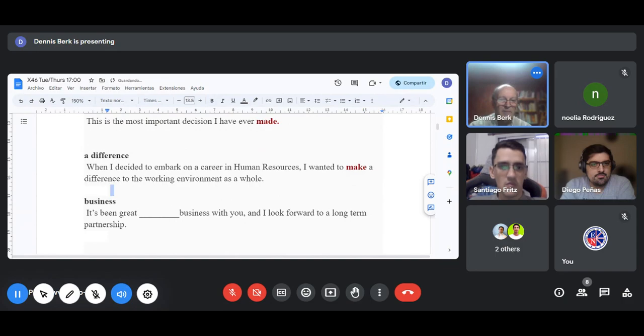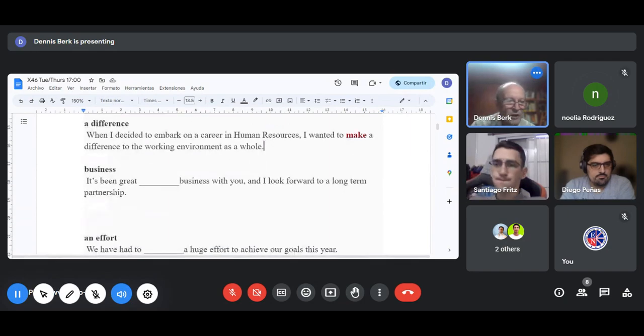You make a difference to the working environment, so you're being very positive, wanting to add and provide a better environment at work. Add value. Very good. Well, Diego, this one is typical with it's been.